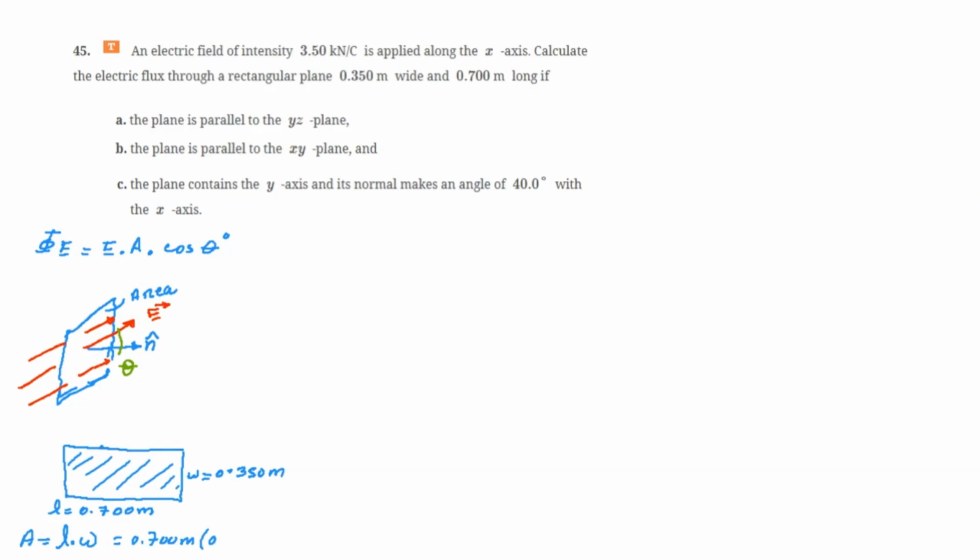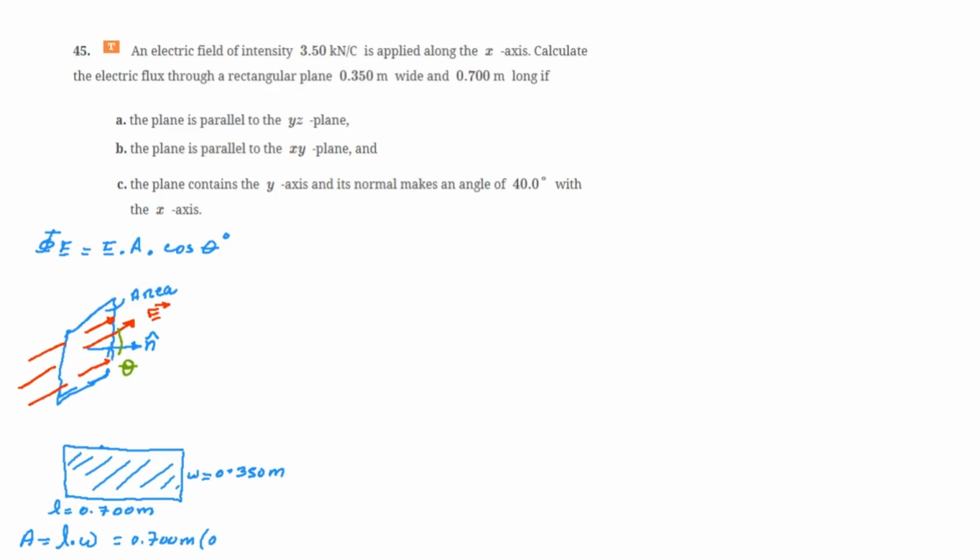So when we say the electric flux is equal to the electric field times the area times the cosine of theta, since here theta is 90 and the cosine of 90 is 0, this whole expression becomes 0, and the electric flux there is 0.